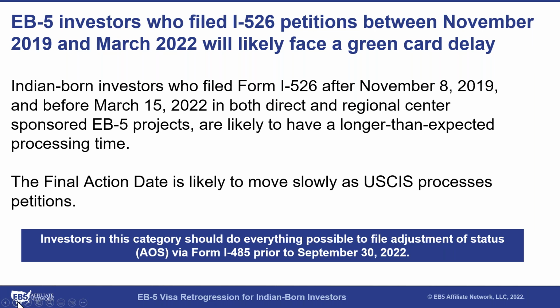So it's about a month difference. So that basically is going to change over time. But as Sam is making the point here, if you are facing retrogression and you are tinkering around that November of 2019 date, when you filed your I-526 petition, so your pre-RIA, you should discuss with your attorney whether or not it's advisable to file an adjustment of status, assuming you're eligible.